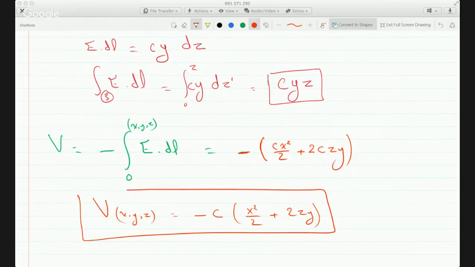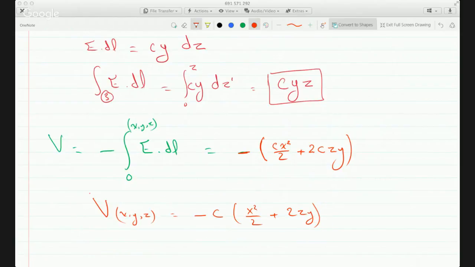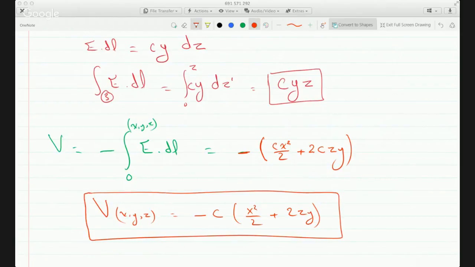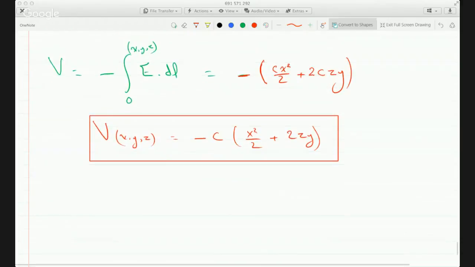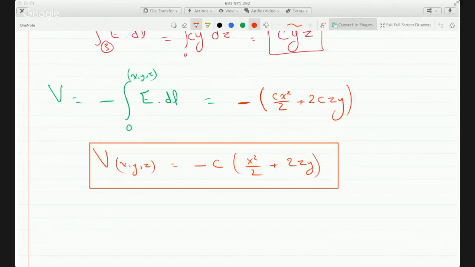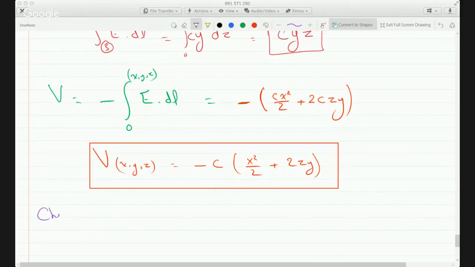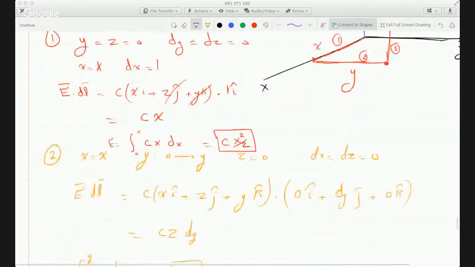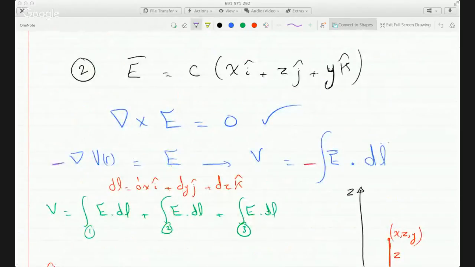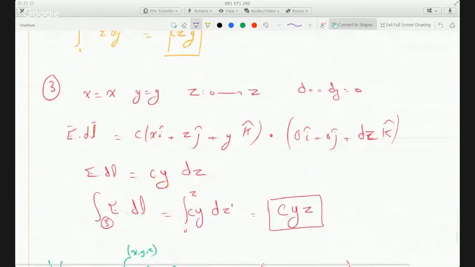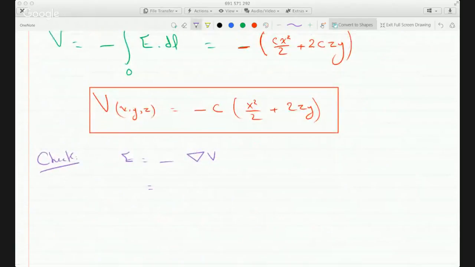We can check this to see if it checks. We can evaluate the gradient of that because we know that E is equal to minus the gradient of V, which I wrote here at the very top. I just forgot the minus sign. So if we were to evaluate that, this would make it the gradient.